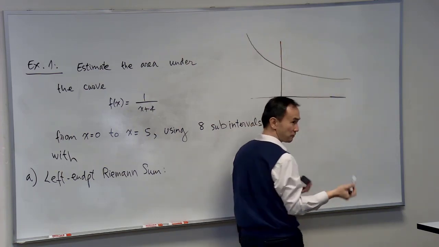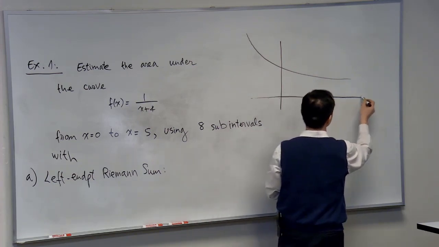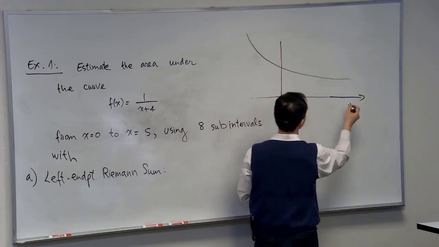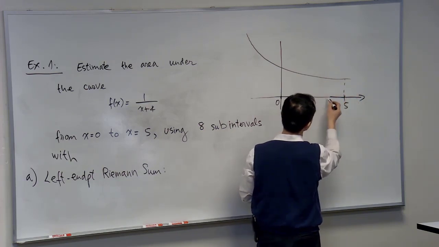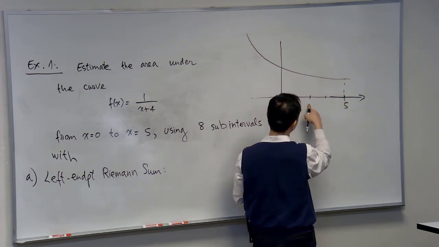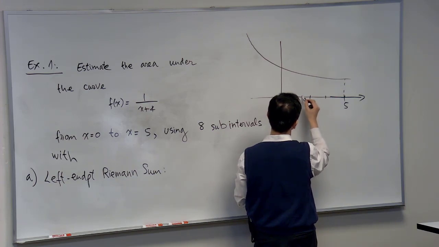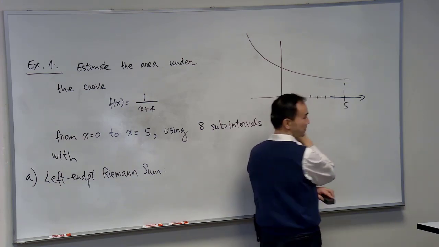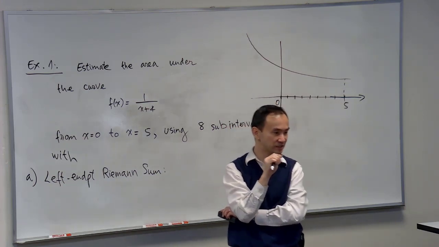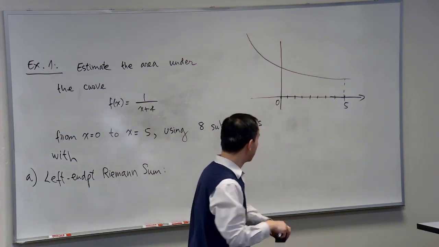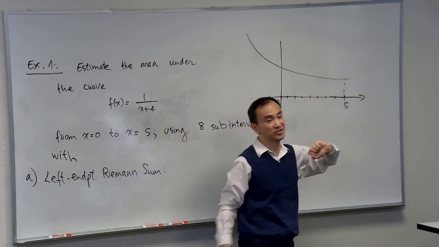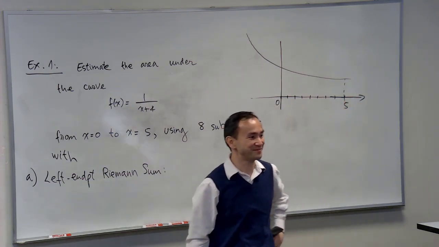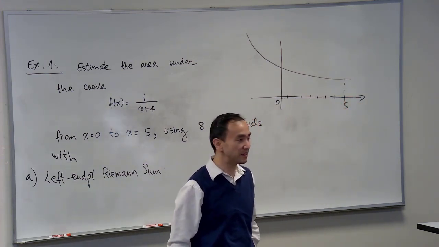Okay? Fair enough? And so now, from 0 is here to 5 is here, right? That gigantic space here, we're going to break that down into 8 subintervals. So it's easy to divide by 4, and then from there on, we cut each of these in half. And of course, all of our spaces here between the subintervals are all equal size. Okay? So that's the one part that's keeping life simple for us.